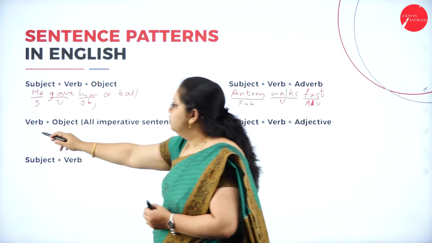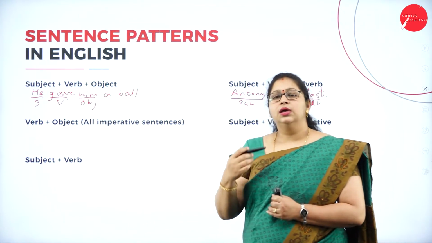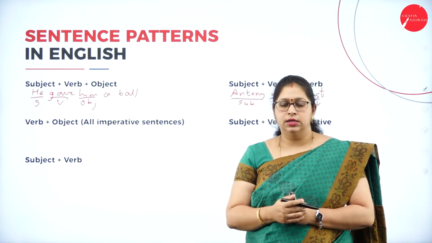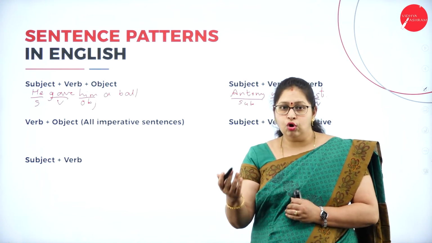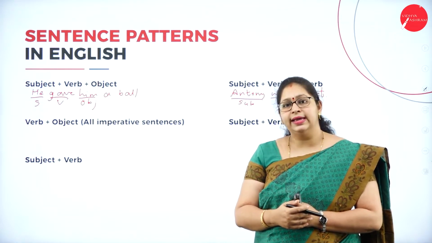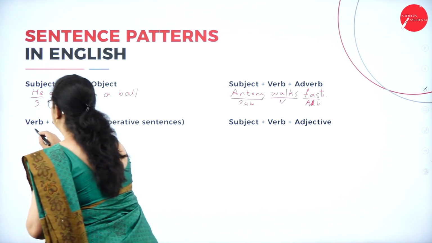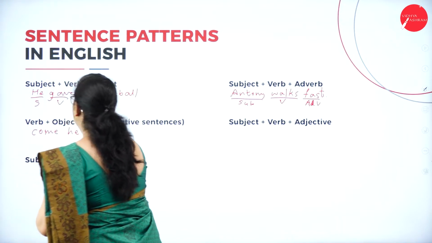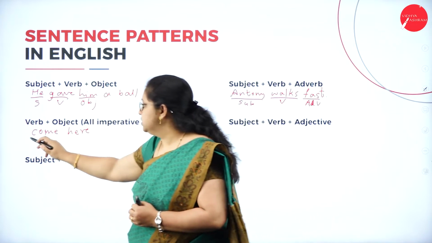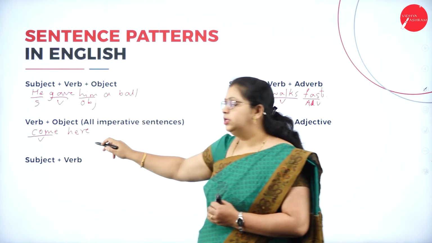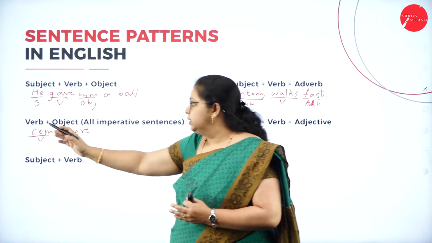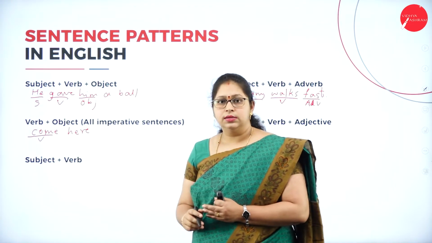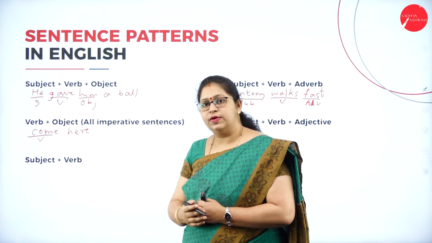Next is verb plus object. Usually this will be an imperative sentence. Come here, give that, go there. All these are examples, like come here. Come is the verb and here is the part of the object. The remaining part in the sentence after the verb is called the object or predicate of a sentence.